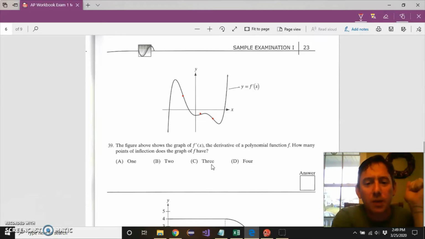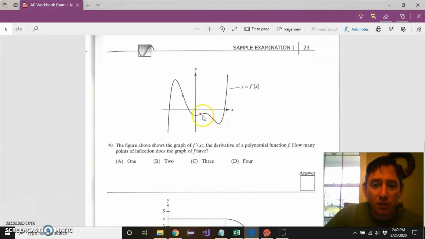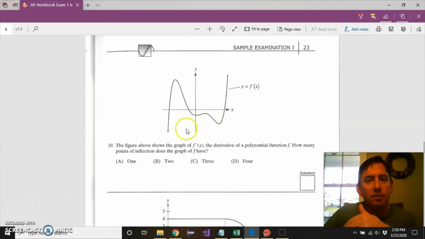I don't want to know how many points of inflection f prime has. I want to know how many points of inflection f has. Not the white dots. So I want to think about what the graph of f double prime might look like.